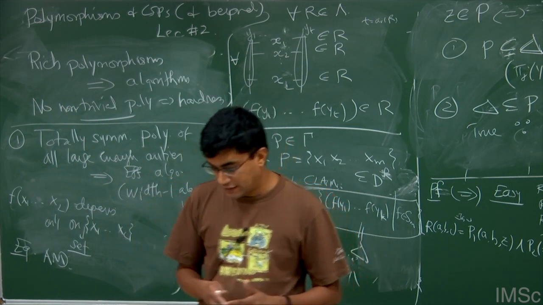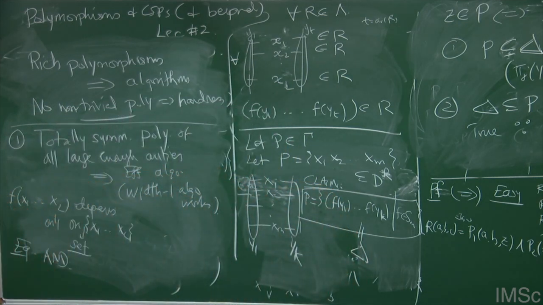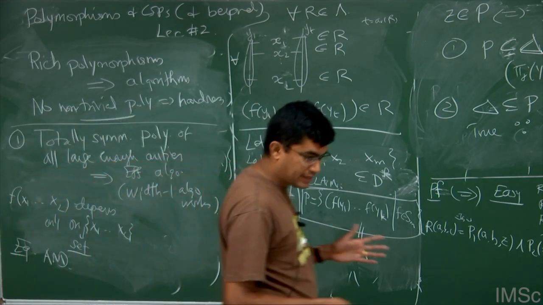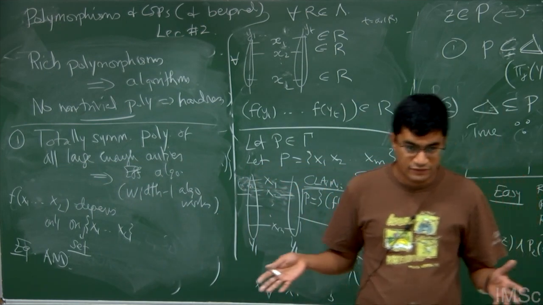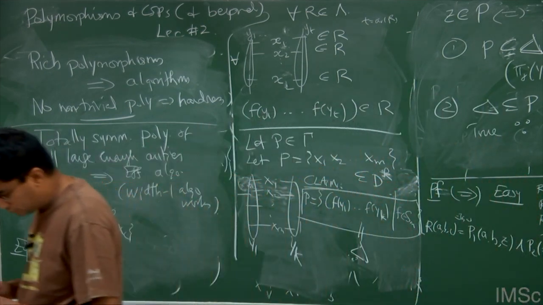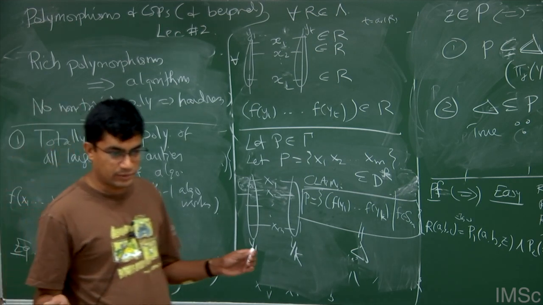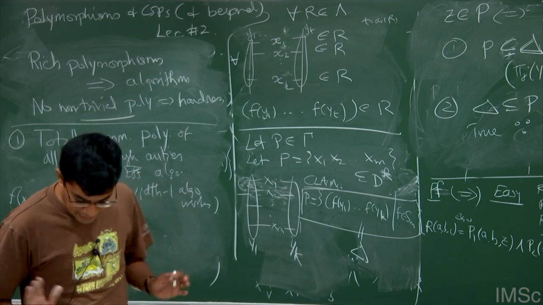You keep doing this until you stop making progress. At the end, if some variable's set becomes empty, then it's not satisfiable, of course. The one thing to prove is that if you terminate and haven't found a contradiction, then the instance is satisfiable. That is the Horn SAT algorithm.